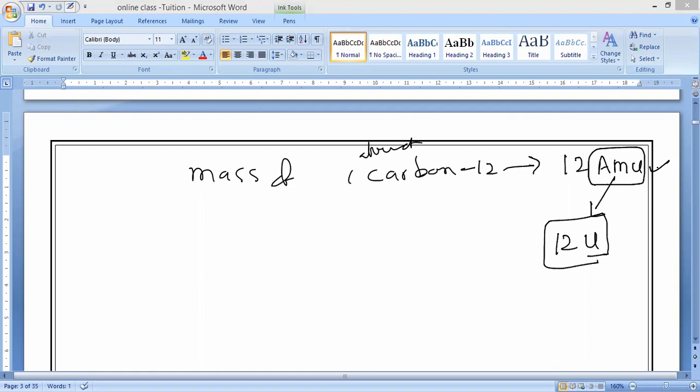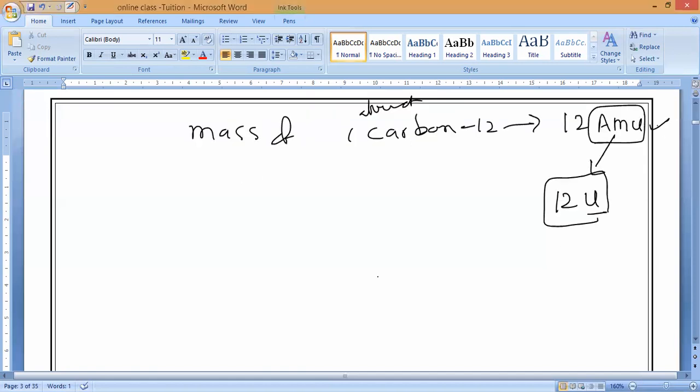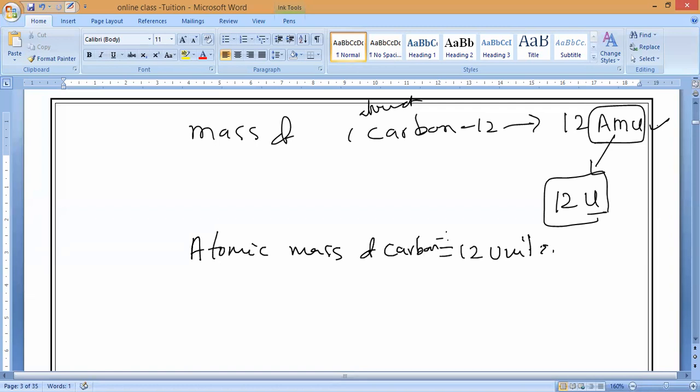Since a carbon 12 atom has been assigned an atomic mass of 12 units, the atomic mass of carbon 12 is equal to 12 units. That is what we represent as 12U.